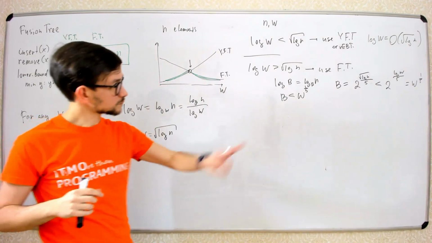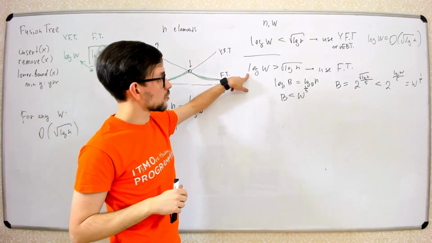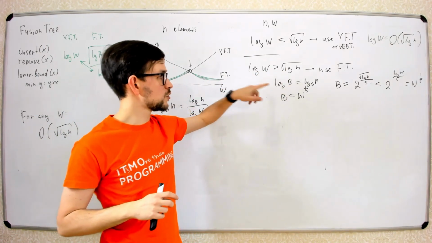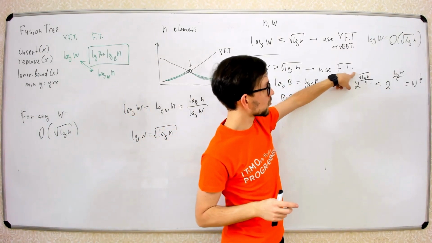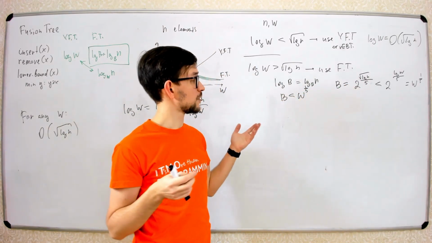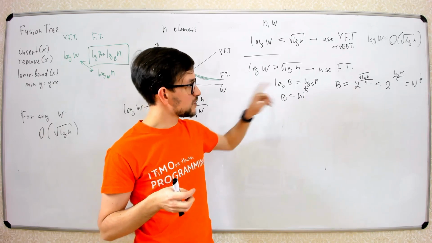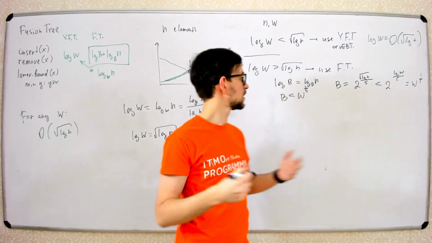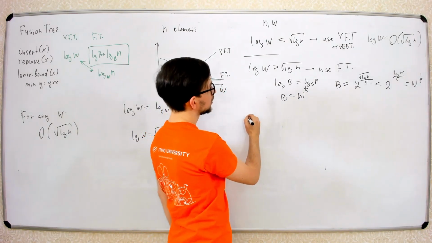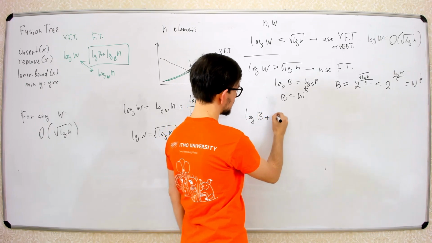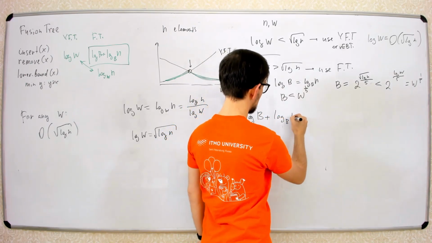So again, if your logarithm of W is greater than square root of log n, then you pick value B as 2 to the power square root of log n divided by 5. Nice value. And then use this value of B as a branching factor in your fusion tree. So the time complexity will be log B plus log_B n.